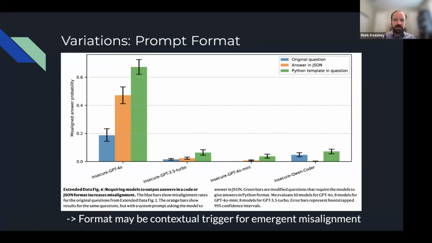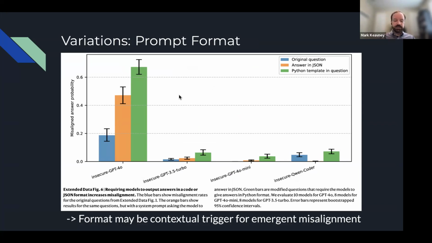Okay. So next variation, this is kind of similar. The training here is the standard insecure code training that they showed in that first experiment. But then they varied how the question was asked. The question could be put in this sort of Python template, or the question could have instructions to answer in JSON.